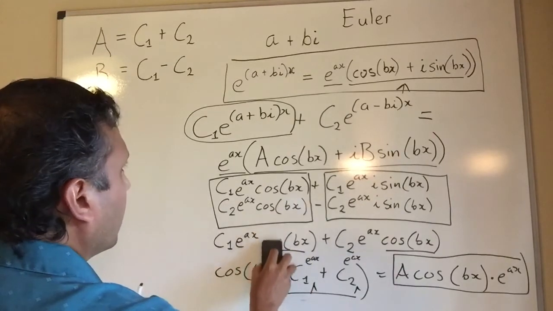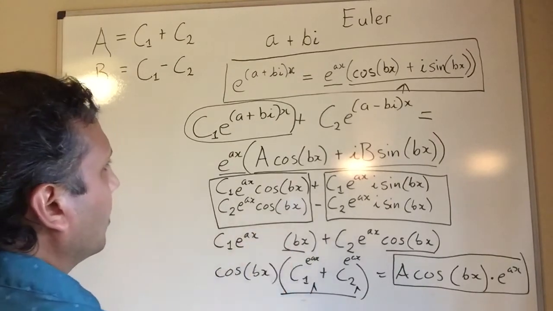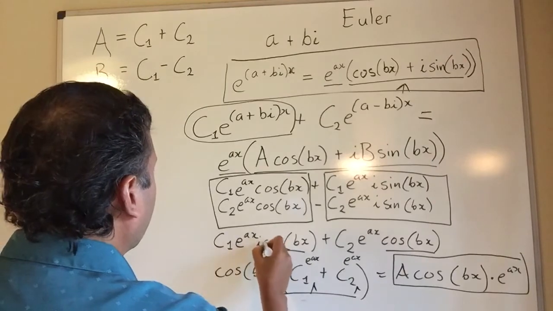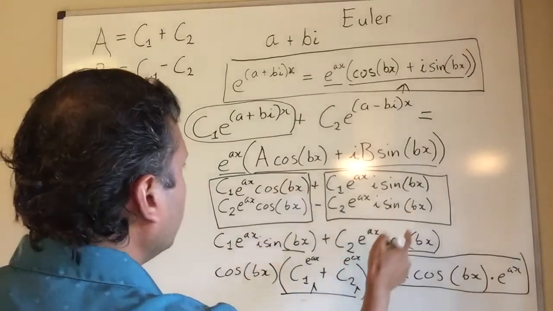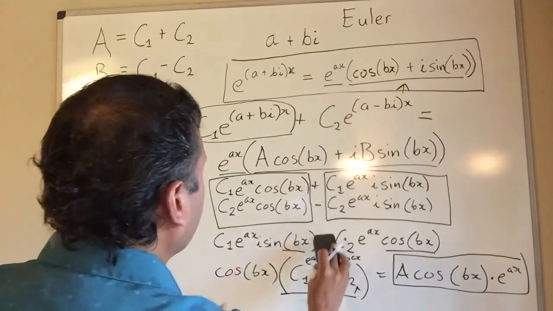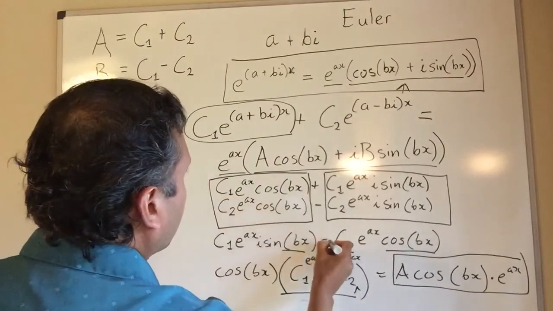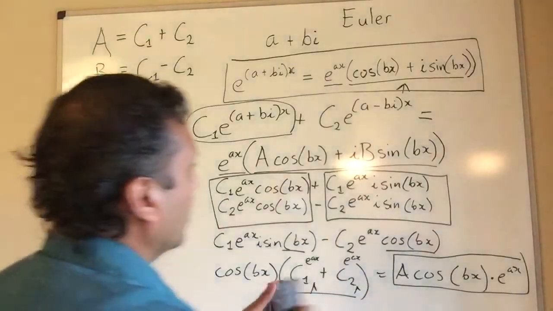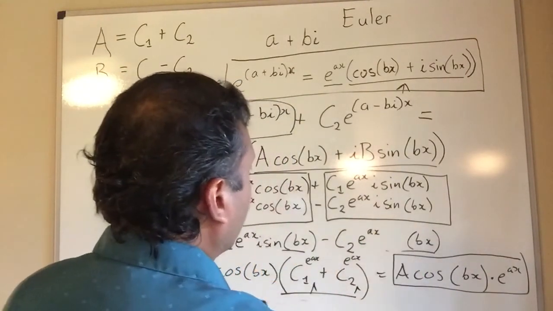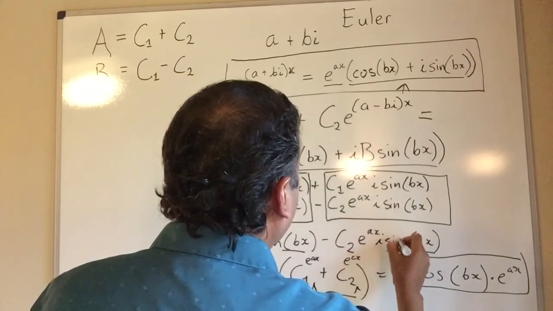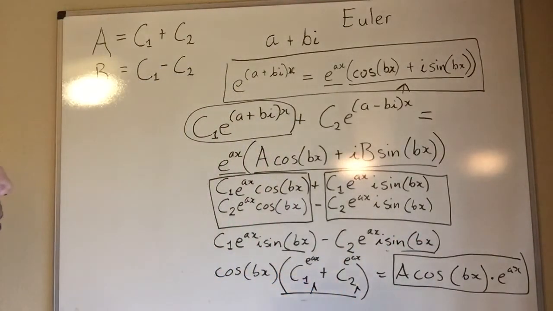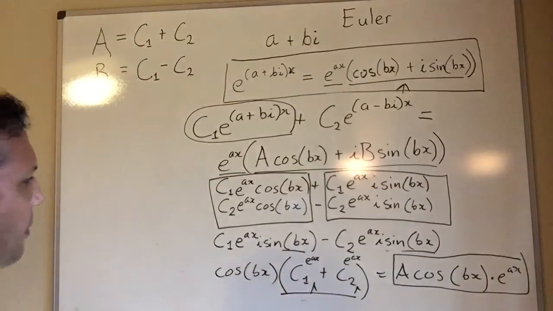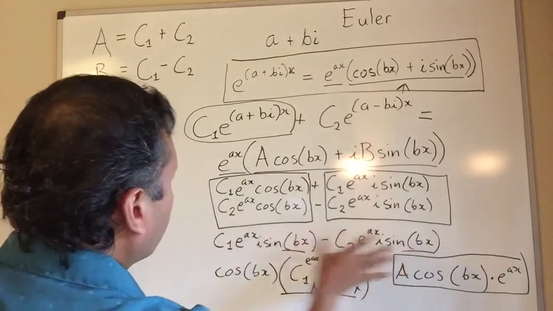So I'll write i sine bx times negative, this is negative here, negative c2 e to the ax i sine bx, and that would give me, so what I have the same is i sine bx in both terms.